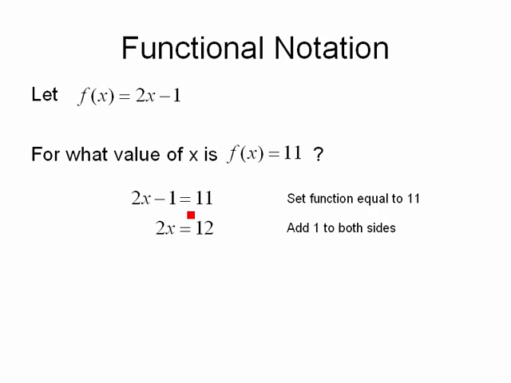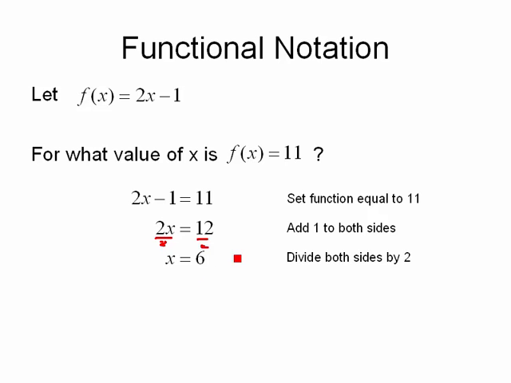So now I need to solve for x. So if I add 1 to both sides, I get 2x equals 12. If I go ahead and divide both sides by 2, that gives me x equals 6.